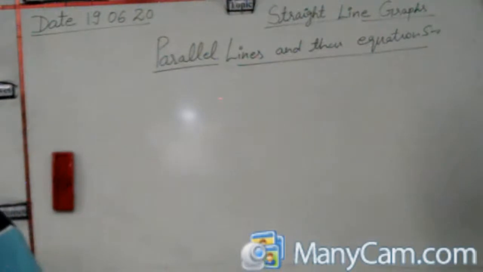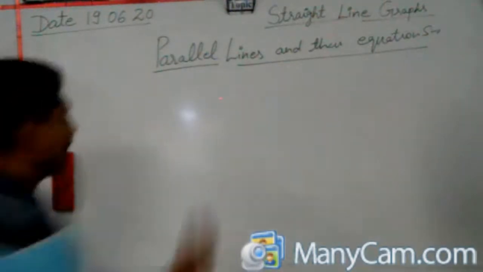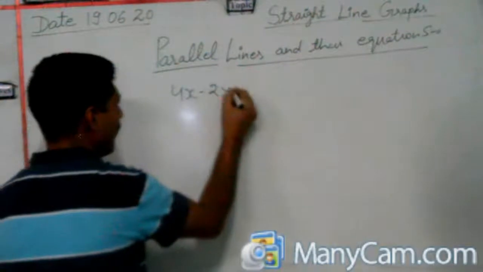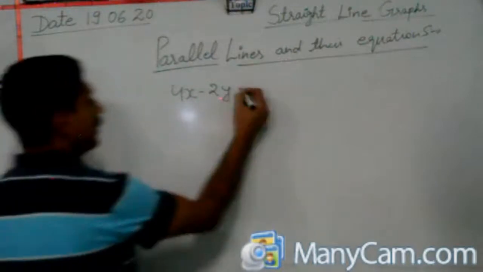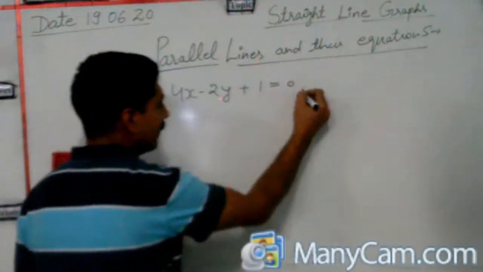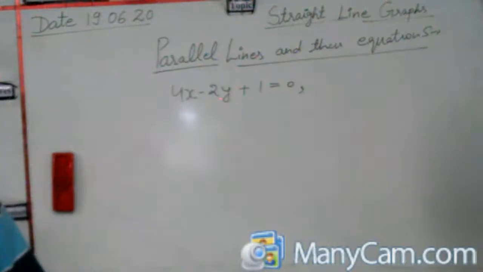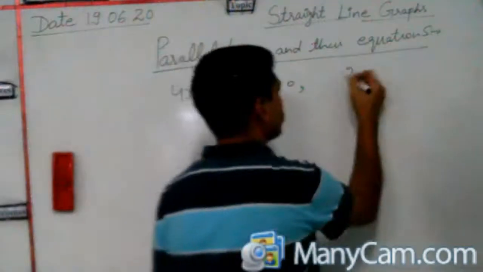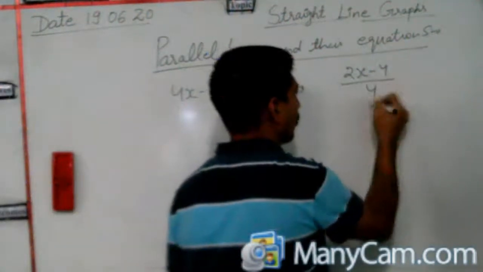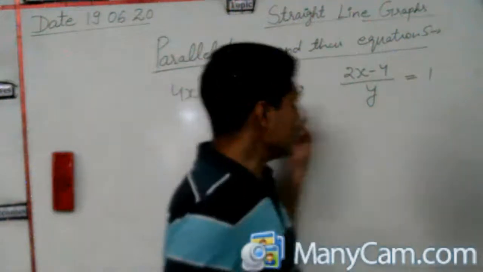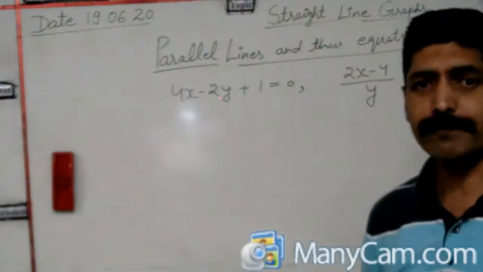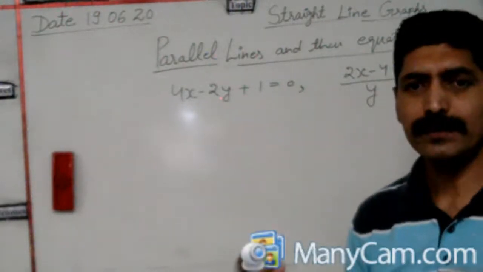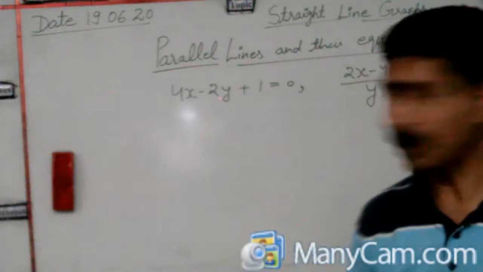If we have two equations, one is 4x minus 2y plus 1 is equal to 0, and another equation is 2x minus 4 is equal to y. These are the two equations given here, and we have to check whether they are parallel or not.